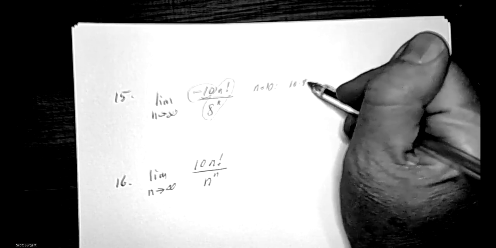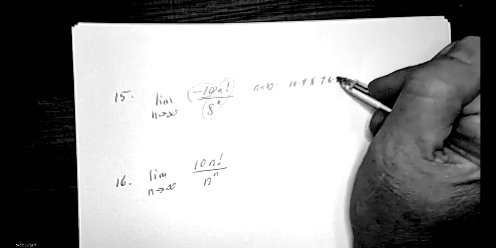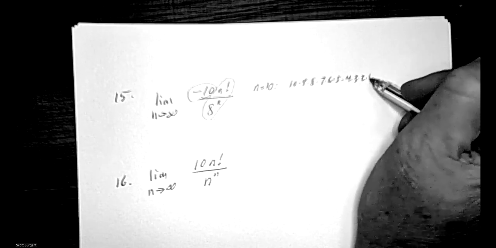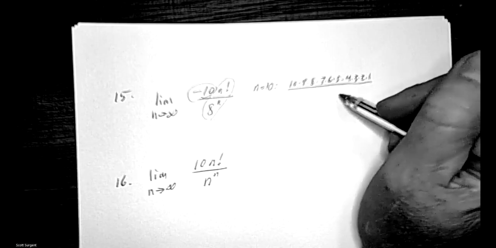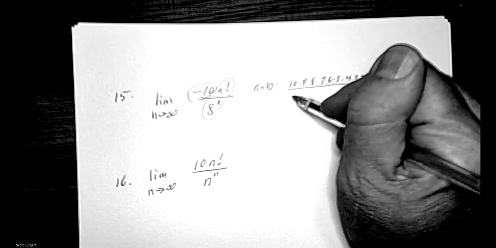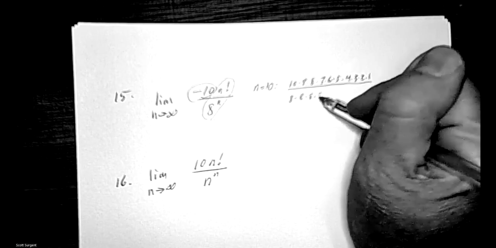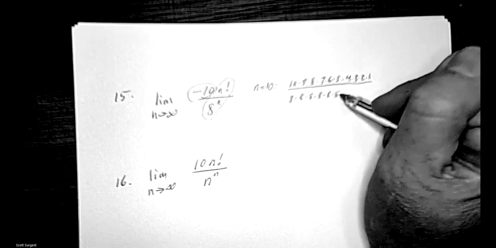You'd have 10 times 9 times 8 times 7 times 6 times 5, 4, 3, 2, 1. Meanwhile, on the bottom, you have 10 eights: 8, 8, 8, 8, 8, 8, so 6, 7, 8, 9, 10.